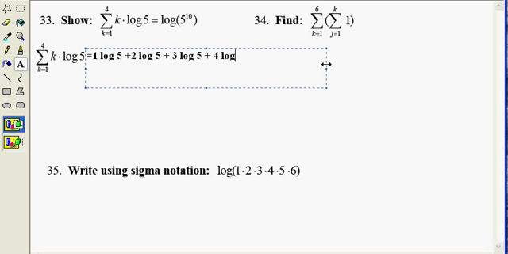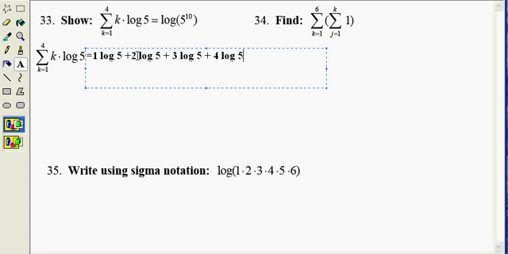Now you recognize that log 5 is a number. This is 10 to the 1 power equals 5. So this is going to be some irrational number. I don't know what it would be, 0.426 or something. That's what log 5 is. So this is 1.426, 2 times 0.426, whatever.